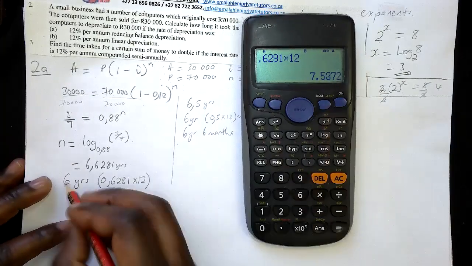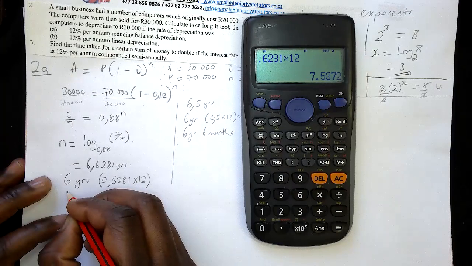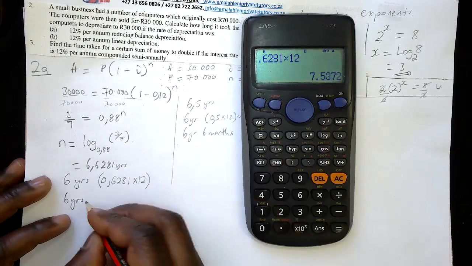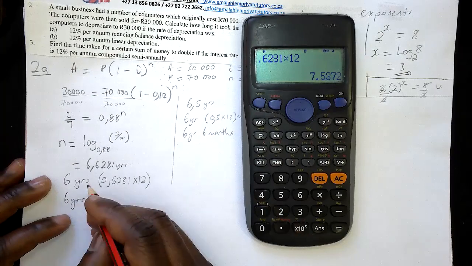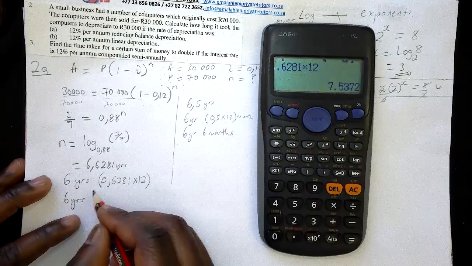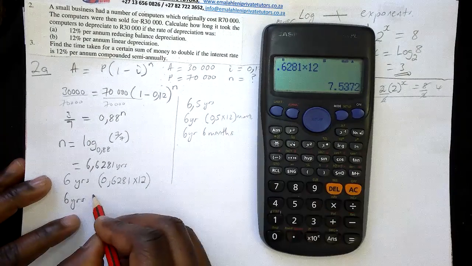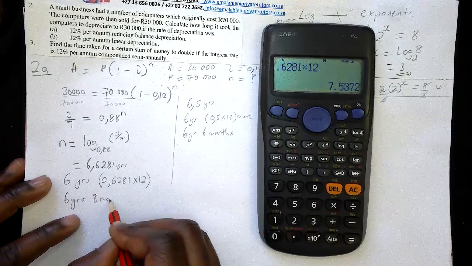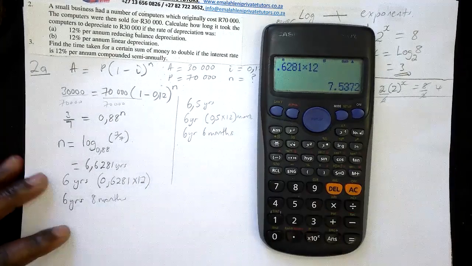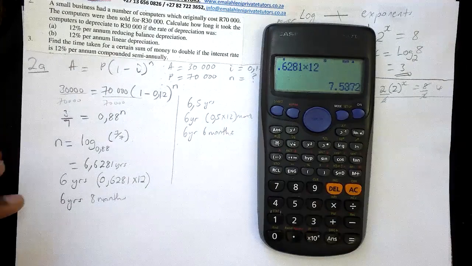So it's going to be approximately 6 years. We want to see how long it will take to depreciate. So it's actually approximately 8 months. Okay, approximate. Now let's move on and see the next question.